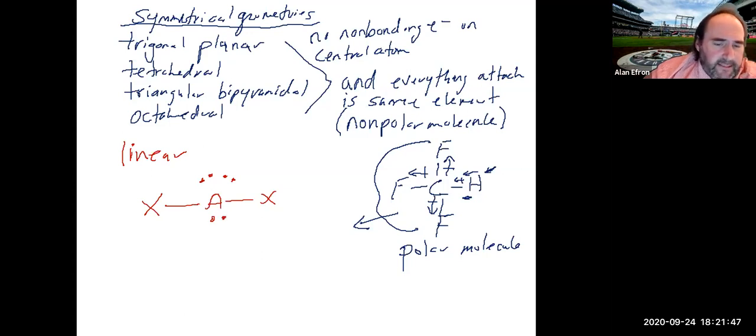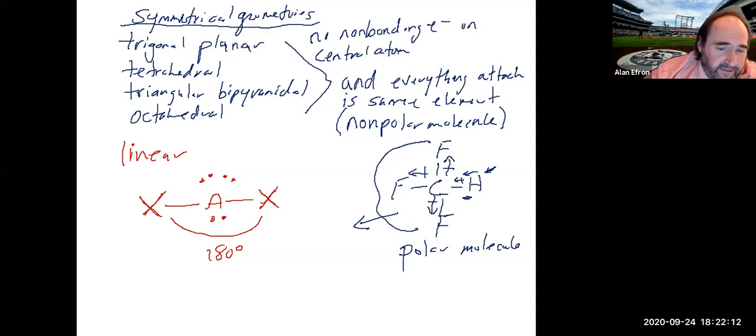And that is because what happens in this linear, 5 electron pairs, 2 bonds, is, as we talked about, the bond angle here is 180 degrees, which means if you have this linear, not the 2 and 2 linear, but the expanded octet linear, if these guys are the same, they're going to cancel each other out because they're going to pull equal and opposite, the two x's.